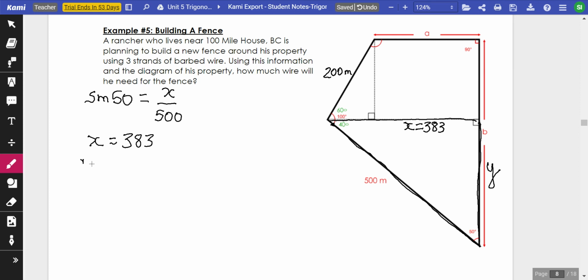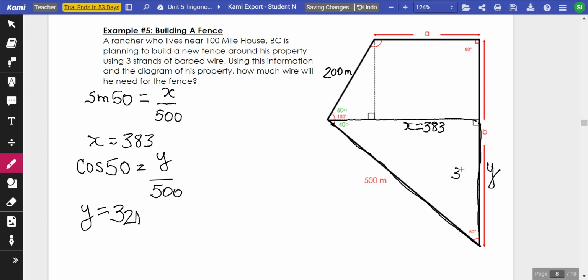So cos 50 equals y over 500. Again, multiplication question, and y equals 321. Okay, so right over here is 321.